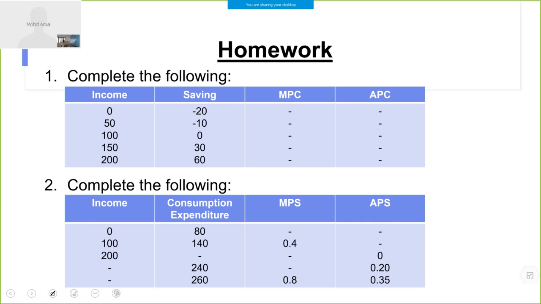Then consumption expenditure 80, 140, dash, 240, 260. Then MPS dash, 0.4, dash, 0.8. APS first 2 levels blank, then 0, 0.20 and 0.35.